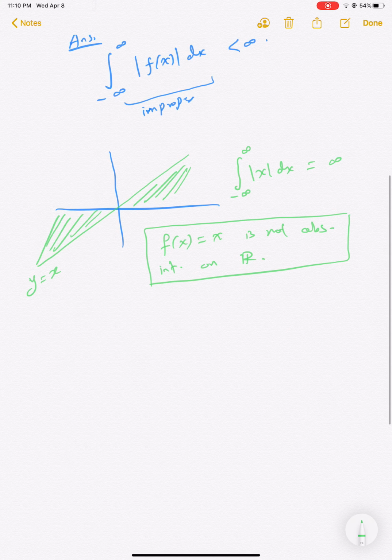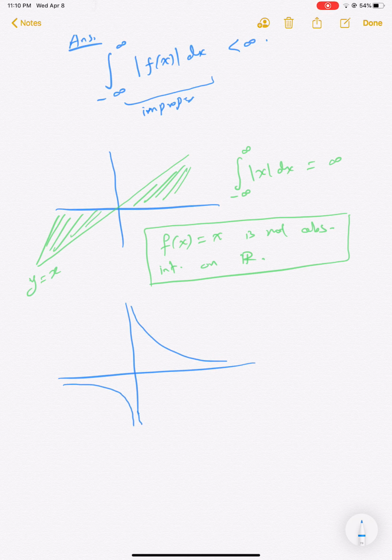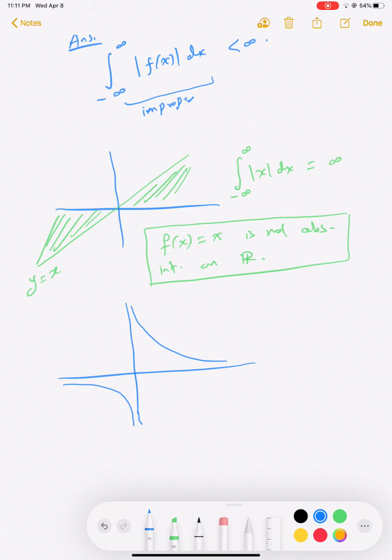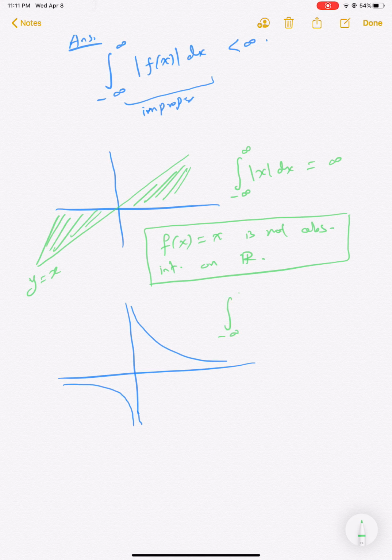For example, if you look at another function like 1 over x. Of course, 1 over x is not defined at 0. You can define it to be anything at 0. That's not a big deal, okay? So now if you try to integrate from negative infinity to infinity the absolute value of 1 over x dx, again, if we do the calculus computations, this will be infinity.